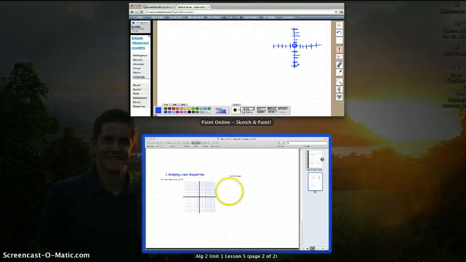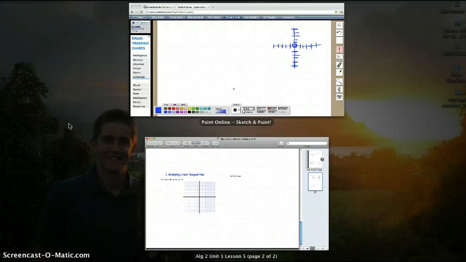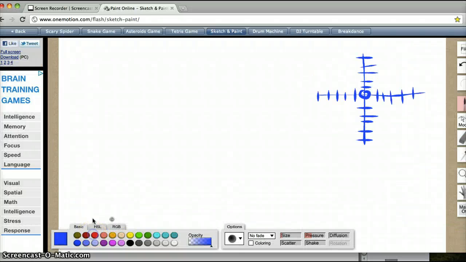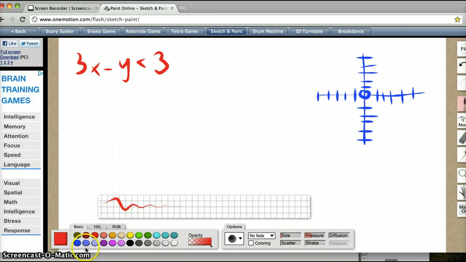So let's look at our equation. Our equation says 3x minus y is less than 3. Now, we need to get it into y equals mx plus b form.